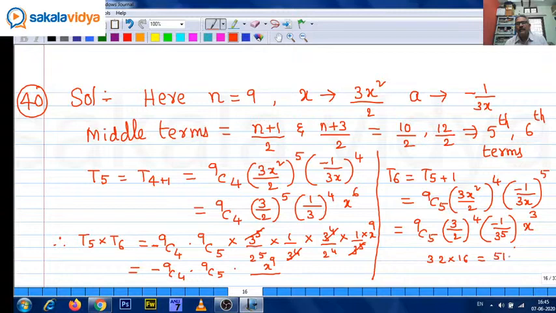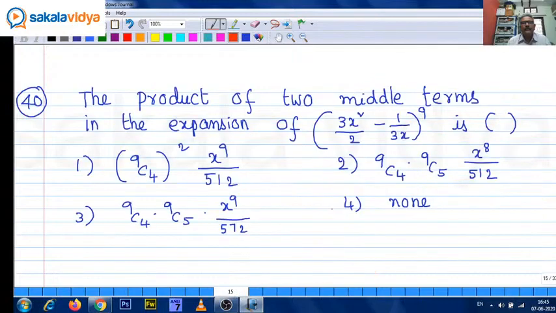That means 512. So the third option would be correct if there was a minus sign, but there is none, so the option is none. If you put a minus sign then the third option will be the right option.